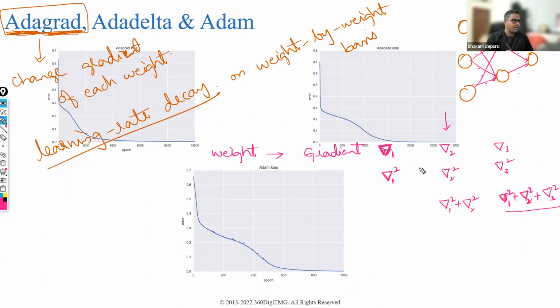Then take the gradient. Say you're at this step or at this step. Take that gradient and divide it by the value which is derived from this summation. At this step, it will be gradient 3 divided by gradient 1 square plus gradient 2 square plus gradient 3 square.